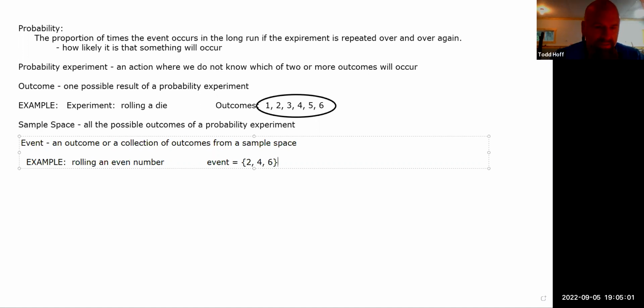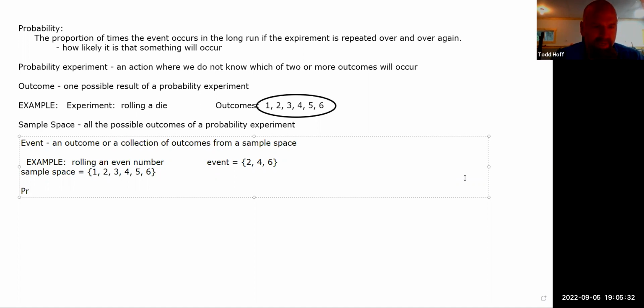Remember, out of the sample space, and the easiest way to signify the sample space is also with those brackets, which is 1, 2, 3, 4, 5, 6. So you can see that event is just a subset of the sample space with one or more of the outcomes. We'll talk about combining those outcomes and finding the probability of an event later on.